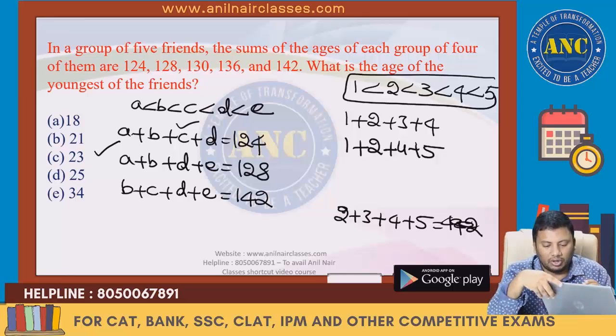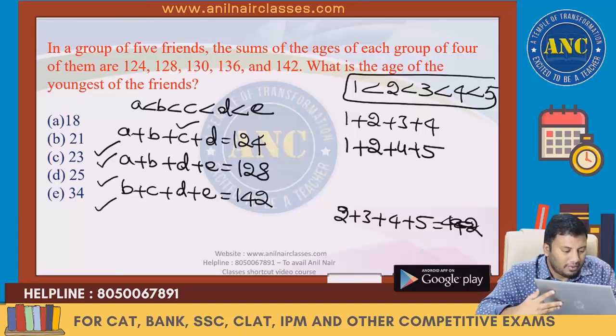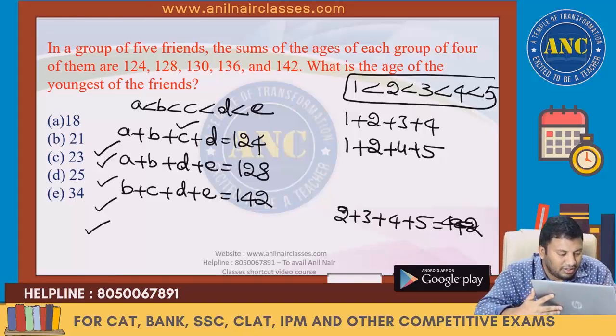That means I took the lowest 4, the next lowest 4, and the next highest, B plus C plus D plus E. If you are getting confused, we will do it later.